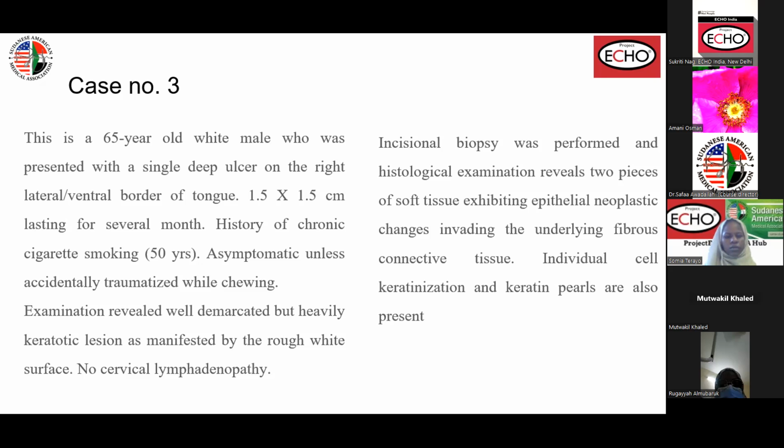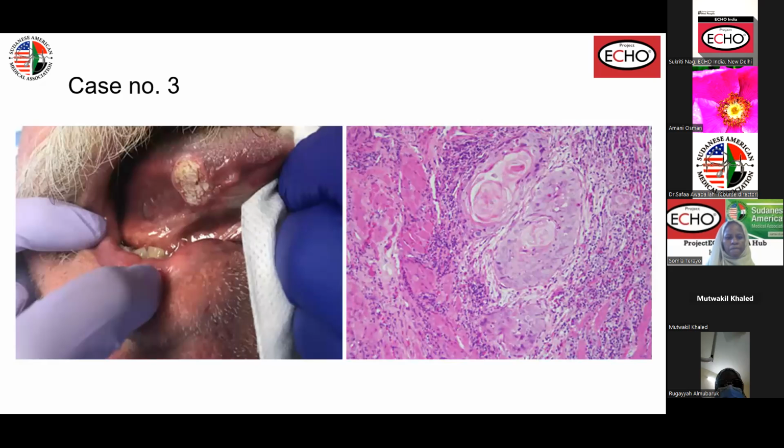I will show you both pictures, the clinical and the histological picture. This is the photograph that was taken at first clinical presentation when the patient came to the clinic the first time. I want you to note the large keratotic single ulcer on the mid-lateral border of the tongue.